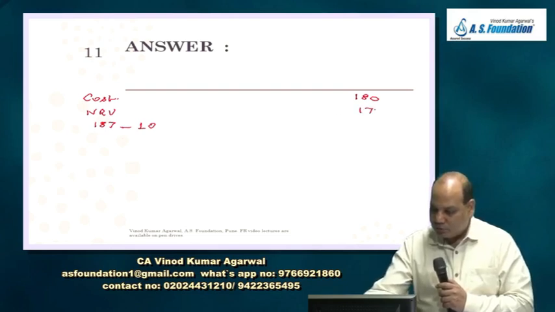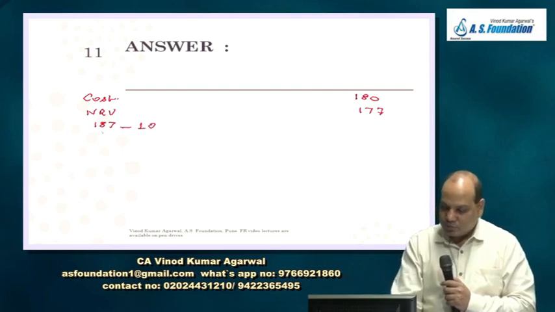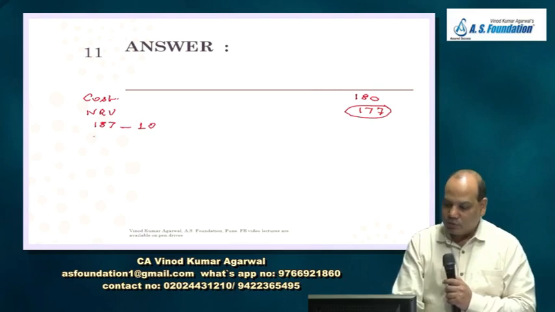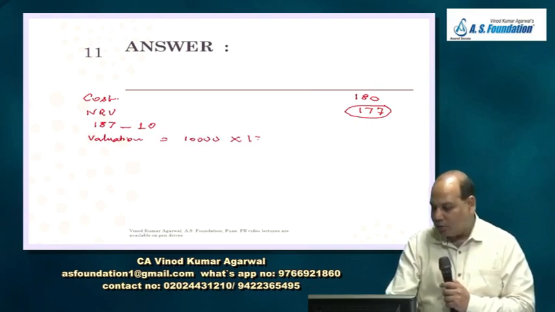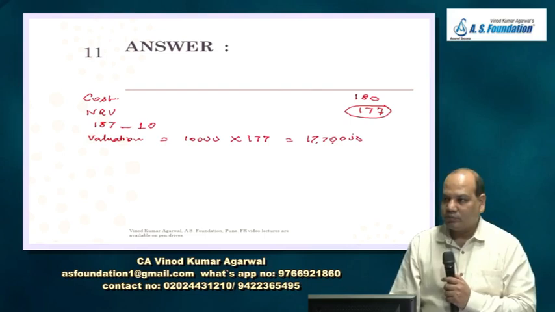So what amount will finally come to your pocket? 177. So we will use 177 for valuation. How many units of cement bags are in your stock? 10,000. Multiplied by lower of the two. So it will be 17 lakh 70,000. Okay.